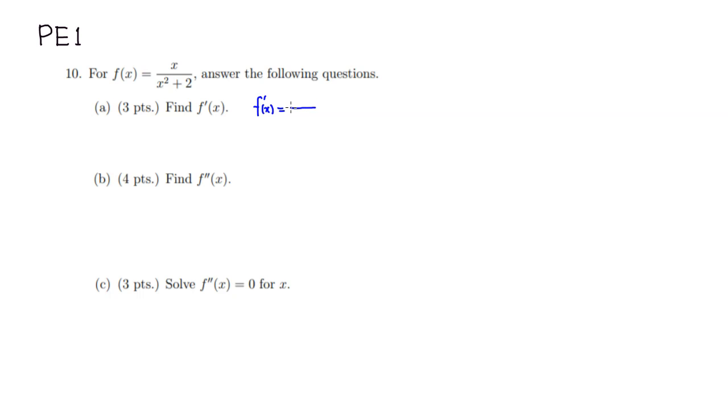We square the denominator, so we have the quantity x squared plus 2, squared. The derivative of the top is 1 times the denominator, x squared plus 2, minus the top, which is x, times the derivative of the denominator, which is 2x.